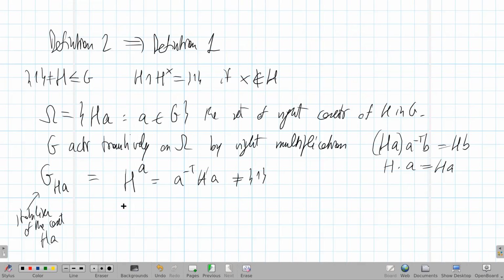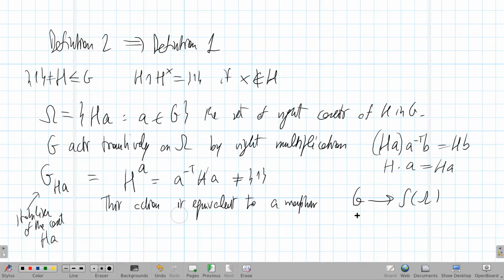Because remember, this action is equivalent to a morphism from G to S_omega, the group of permutations on omega, in which an element g of G goes to the permutation where we send Ha to Hag. Let's call it F. This is not dangerous.